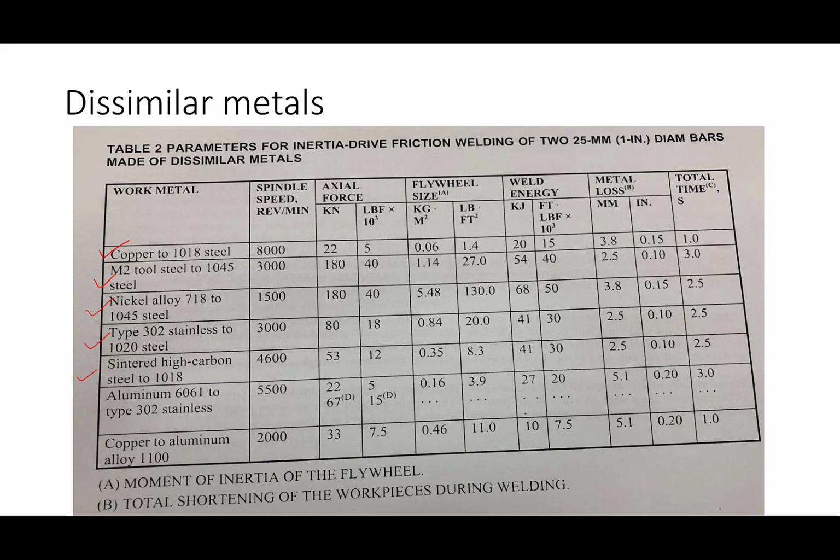These are the typical values that have been shown, along with the corresponding RPM, axial force, weld energy requirement, and the material loss that will take place. These are certainly optimized values.